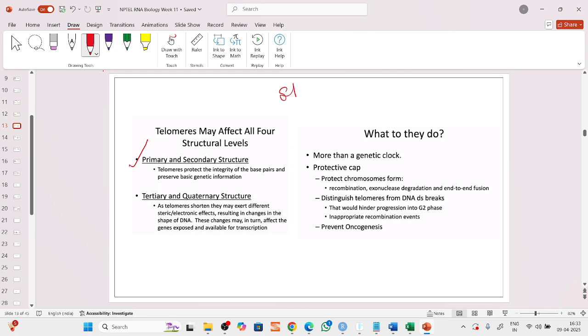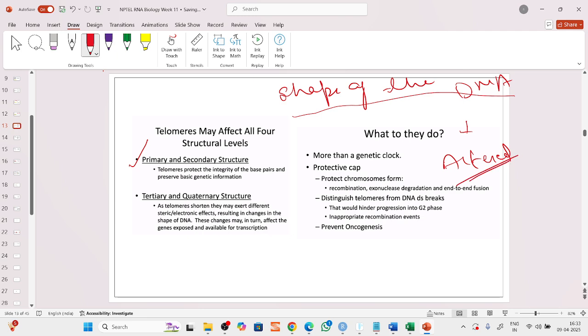That means the shape of the DNA can be altered because of telomeres. If the shape of the DNA is altered, then the genes which are exposed or available for transcription can also be altered.